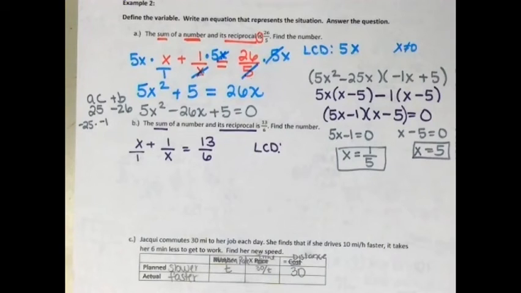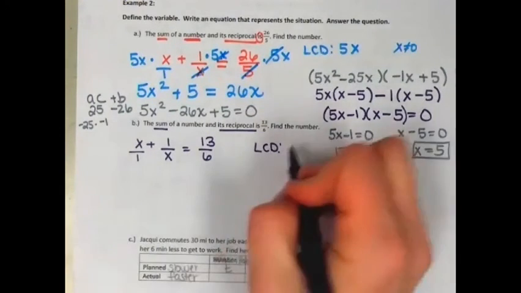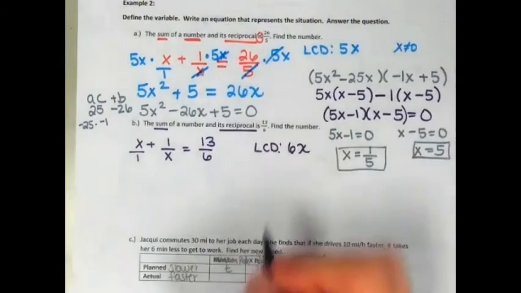The sum of a number and its reciprocal would be X plus 1 over X, right? Is 13/6, so equal 13/6. So what is my common denominator here? 6X, exactly. What can't X equal?